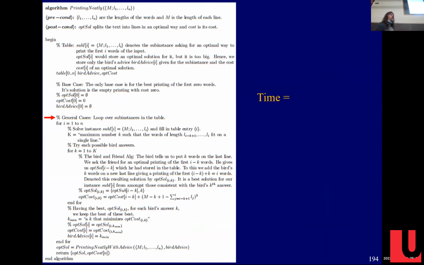Time. So there's a big loop over the number of sub-instances. So clearly the time is proportional to the number of sub-instances. There's a big loop over the number of, oh, that's in the wrong spot. Move that down slightly. It should be down here. I guess I cut and pasted it from other code and we shifted things, right?